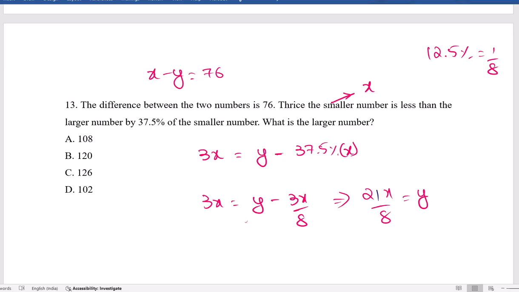We'll go and do the addition. 24 plus 3, 27x divided by 8. Now if I put that in that above expression, can we find x value? Then can we find y value? X is 108, is it? Is it so? Or y is 108?